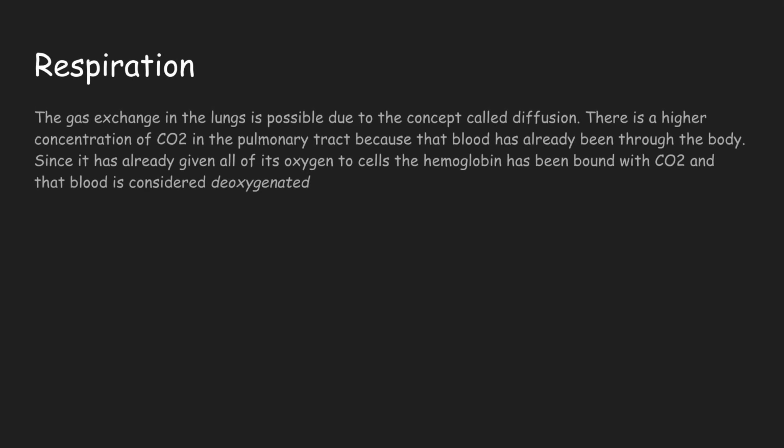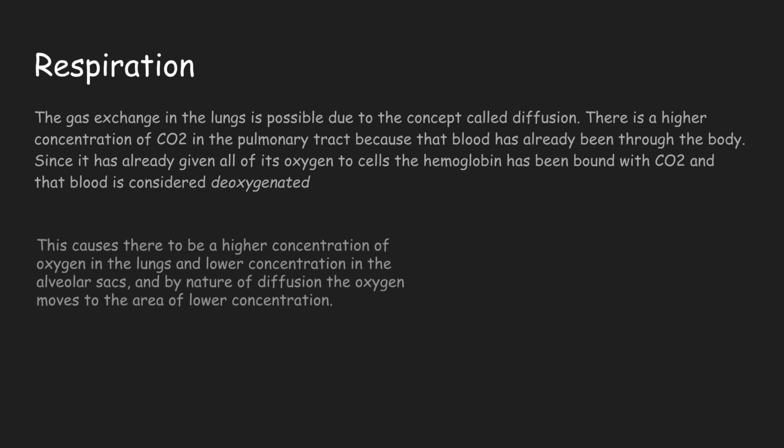Respiration. The gas exchange in the lungs is possible due to the concept called diffusion. There's a higher concentration of carbon dioxide in the pulmonary tract because that blood has already been through the body. Since it's already given all of its oxygen to the cells, the hemoglobin has been bound with CO2, and that blood is considered deoxygenated.